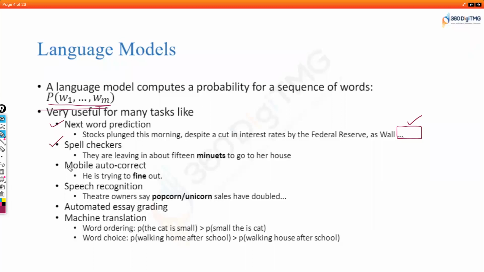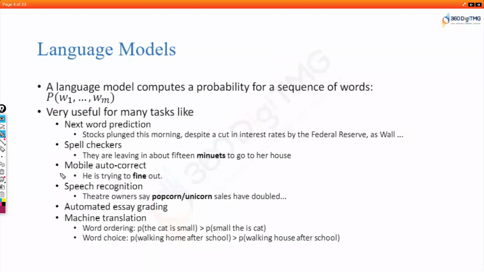Then it is used in spell checkers. They are leaving in about 15 minutes. Minutes is incorrectly typed here, so this would be highlighted as incorrect. Because when it comes to the characters M-I-N-U, the next character with the highest probability would be T, then E, then S. But here it is different.